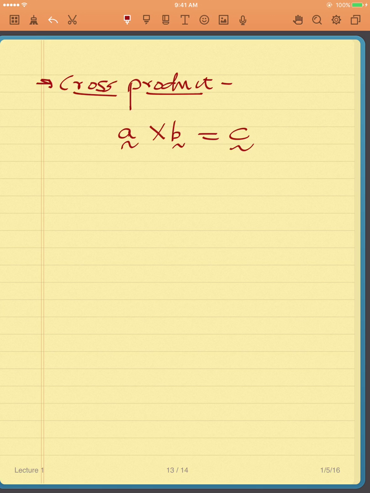But like I said, it's important to remember that the cross product yields a vector.